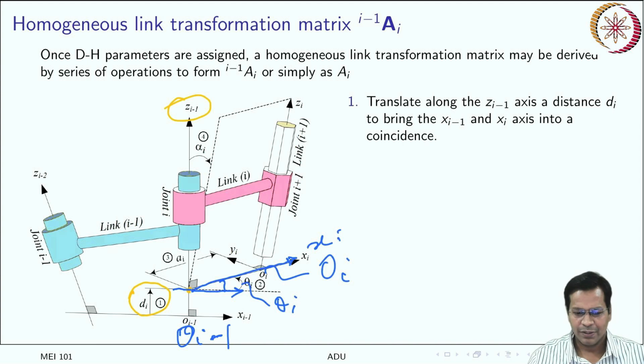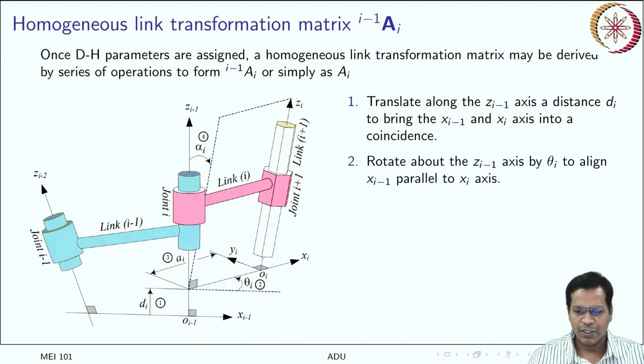So this is your second one. The first one you did was this one. The second one is moving from this to this by an angle theta i about Zi minus 1. So this is rotation about Z axis by an angle theta i.